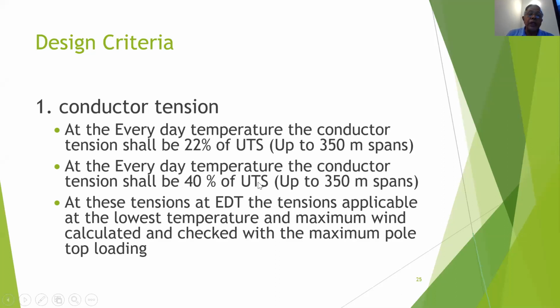That means at that temperature and maximum wind, the UTS divided by 2.5, or multiplied by 40%, should be the working stress of the insulator. I'll talk about that again as we go on.